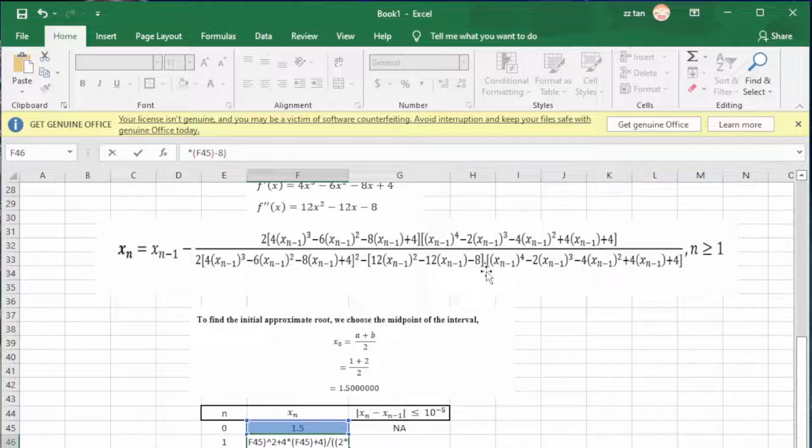This one is times with x naught power of 4. Then minus 2 times x naught square, and then minus 4 times x naught.